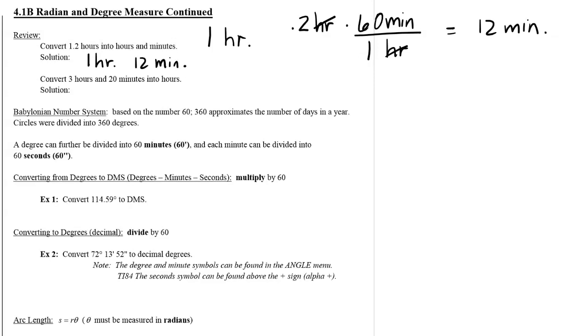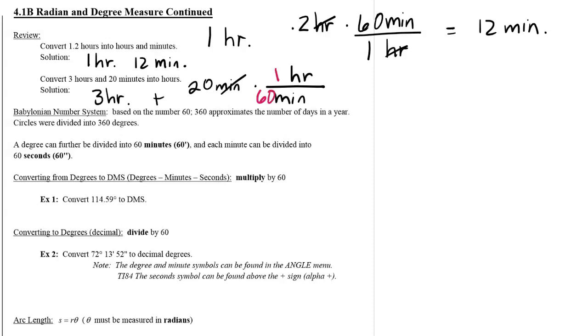Just a reminder how to convert hours and minutes into hours decimals. So you have 3 hours, and then you're adding the 20 minutes. And this time we want the minutes to go back to hours. So conversion, you want minutes on the bottom to cross cancel, and we want to move to hours. And then you fill in what the ratio is. So there are 60 minutes in 1 hour.